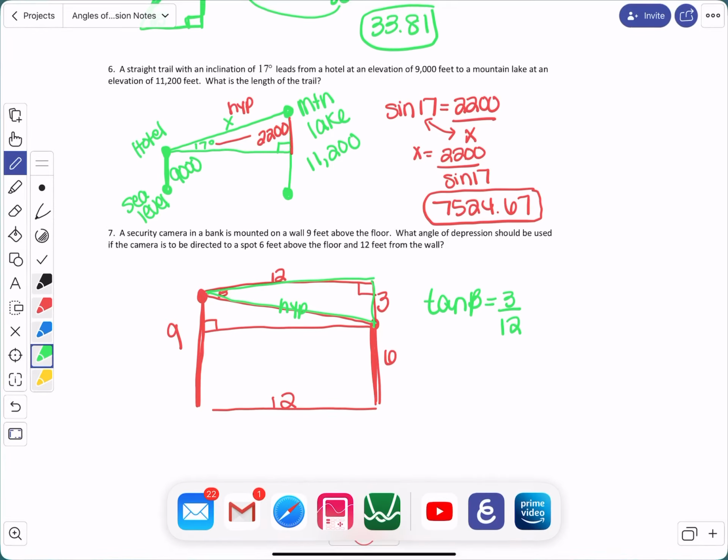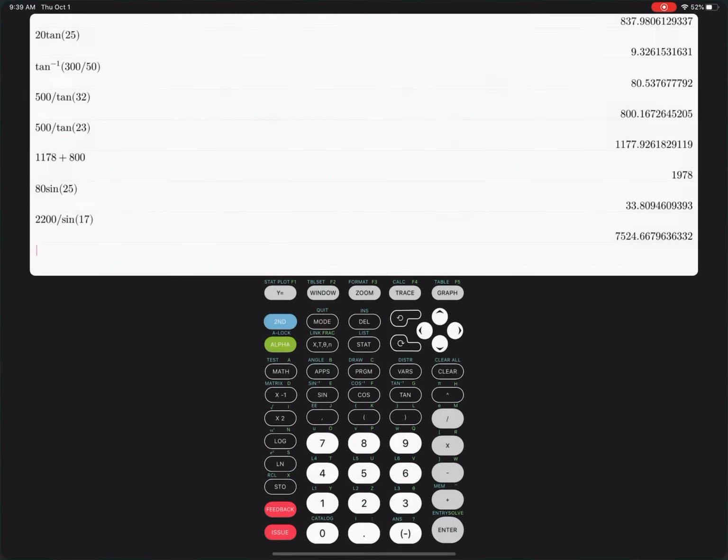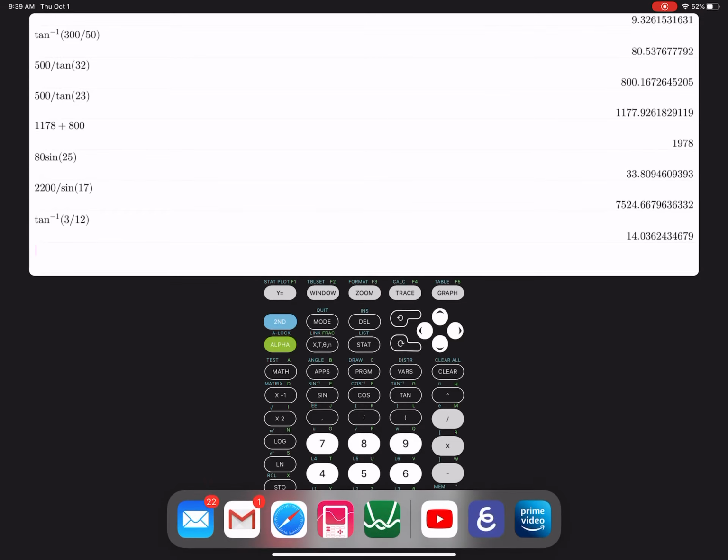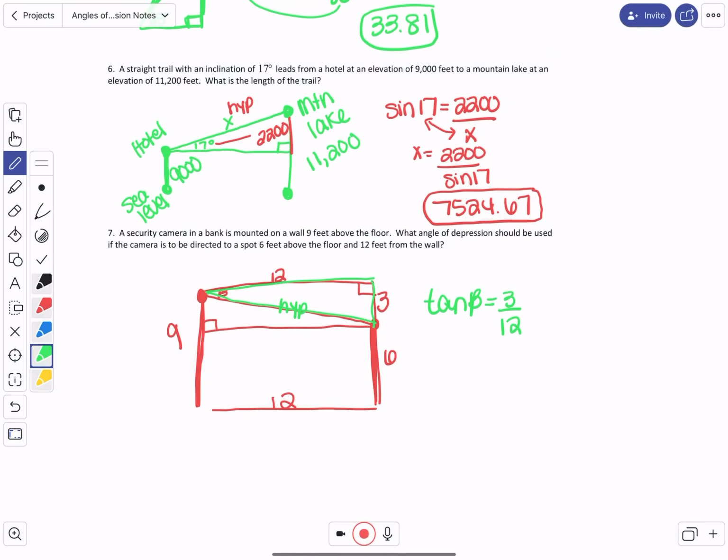So we'll hit second tangent 3 over 12, and there's your angle, 14.03 degrees. Remember, anytime you're looking for the angle, you have to hit second and then whatever your trig function is.